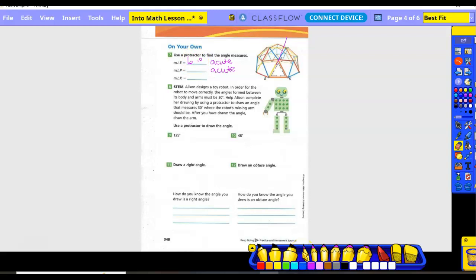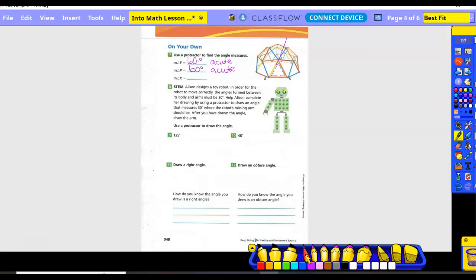No, what should it have been? 60. So we had our papers turned just a little too much and then we got off. Is that sometimes easy to do? Yes. So you need to make sure that you double check yourself before identifying the number and make sure everything is in line. So what did you get for P? 60 degrees again.